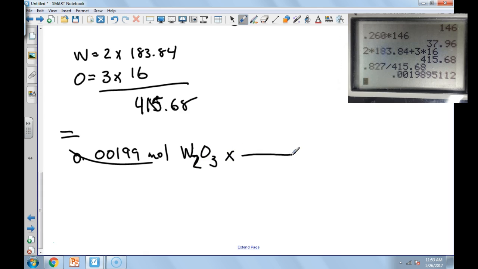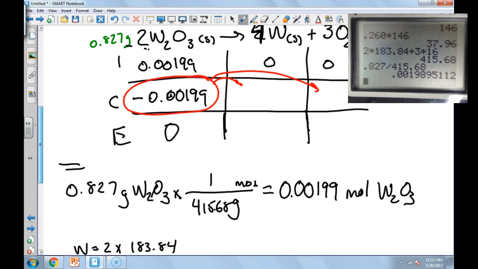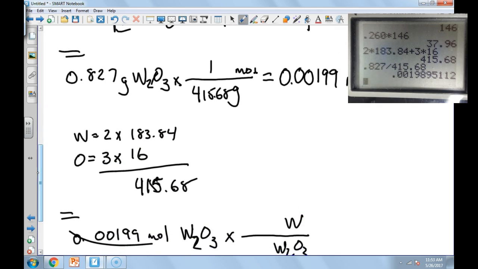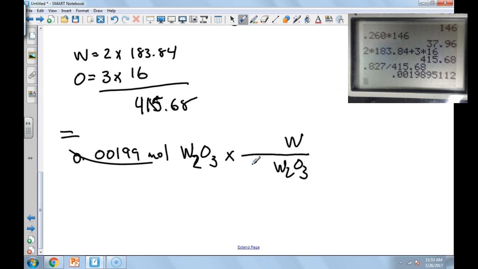And now, instead of trying to get rid of moles, we want to get rid of W2O3 and convert it to W, to tungsten. Okay? And so we use the balanced chemical equation. Whenever we're going across the ICE chart, we use the balanced chemical equation. And so now this is a 2 and this is a 4. Okay? So we do the math.